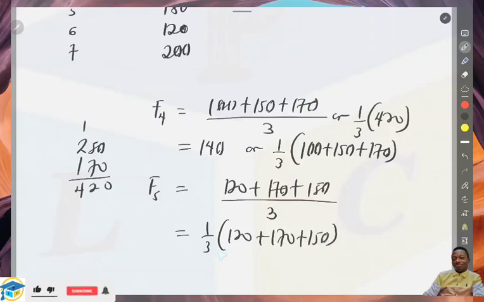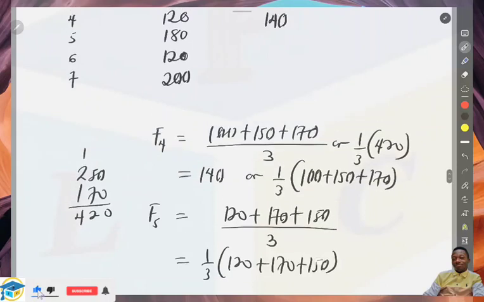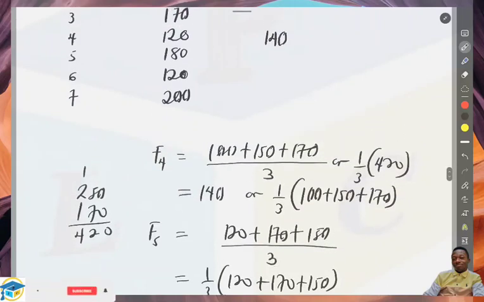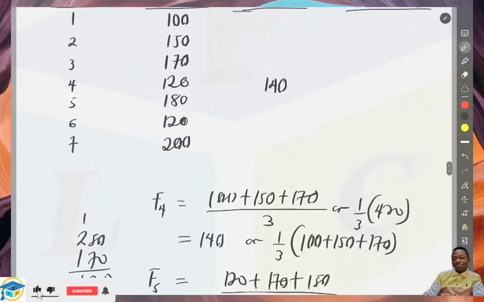And we are getting the weight, which is 1 over 3, being placed on this most recent data that is available to the organization. And when you add and divide by 3, you should be able to get the forecast for week 5 to be equal to 146.67, right?